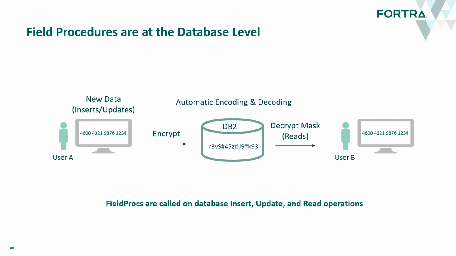So no extra steps need to be added, no trigger programs need to be added. As soon as that data is added to the database, when that is inserted and saved, it is going to be automatically encrypted. So when the end users go to read the data, it is going to automatically decode as well at that field procedure program, and it is going to determine what that user is able to see.